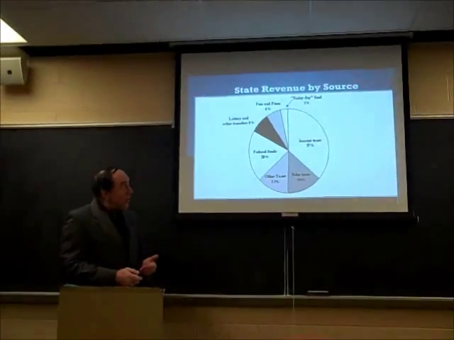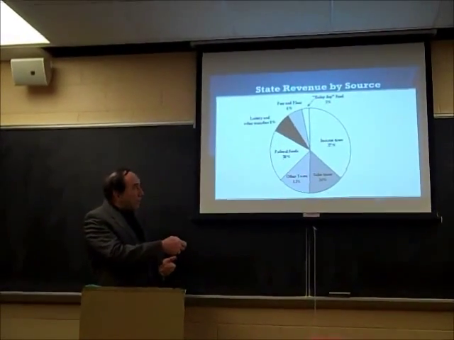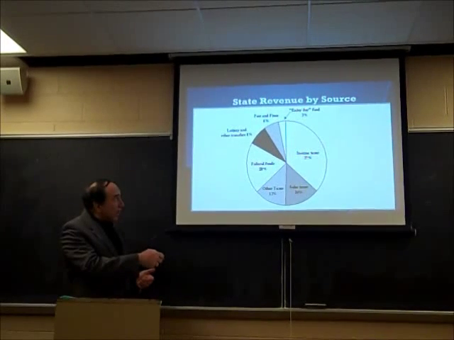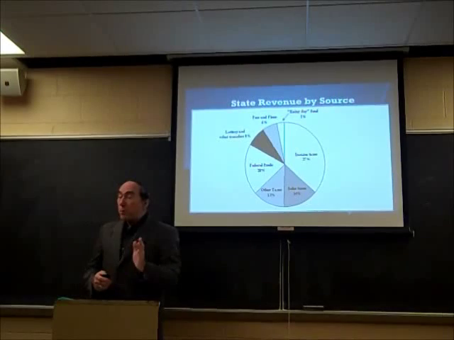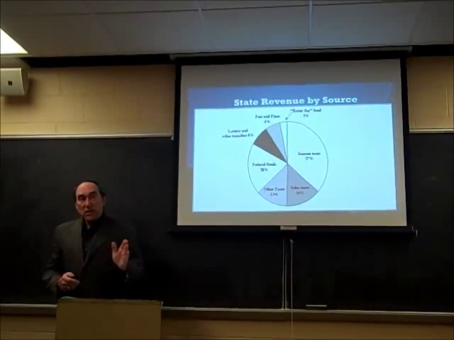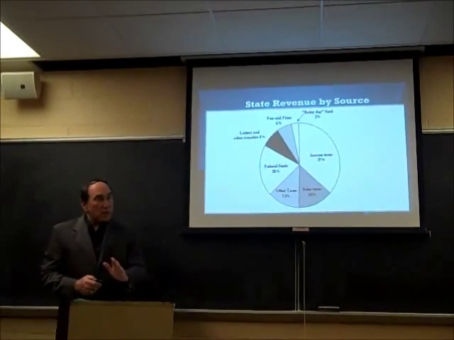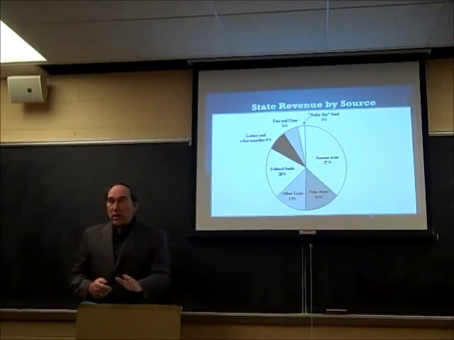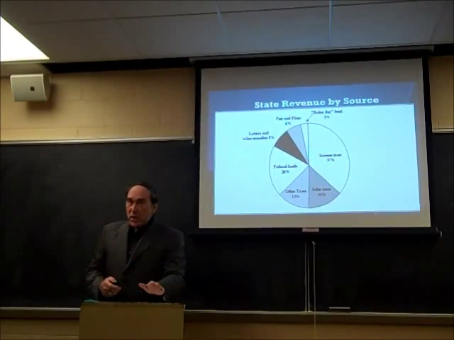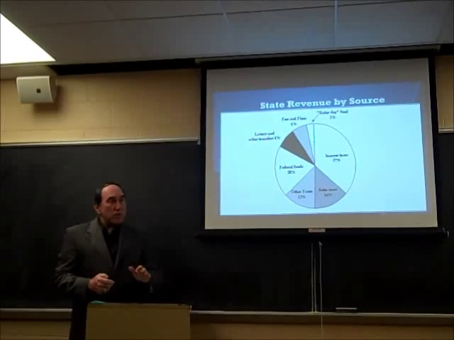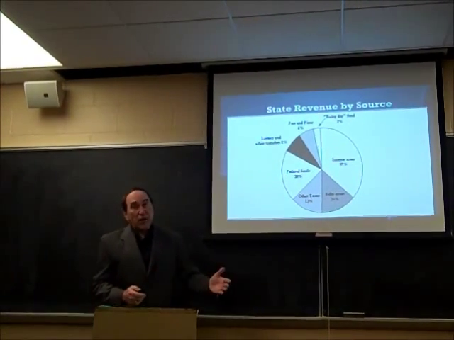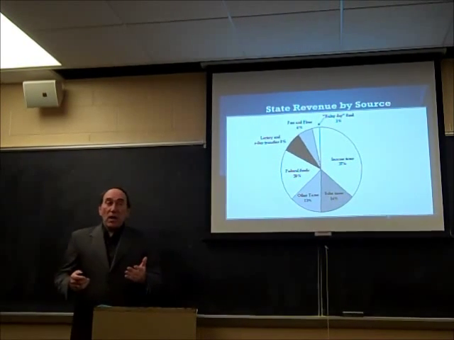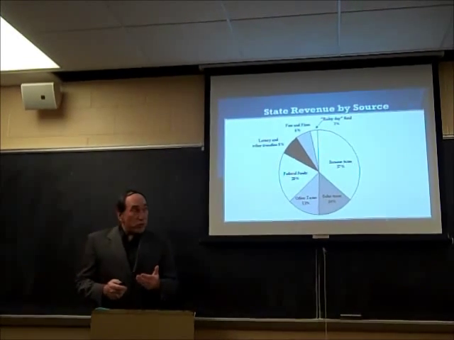But what you're going to notice is that the very first and the biggest part of the income pie comes from personal income tax, state personal income tax. And later when we look at the charts from other states, you're going to see that those numbers are still going to be the highest. It is without a doubt across the country the biggest revenue producer for states.